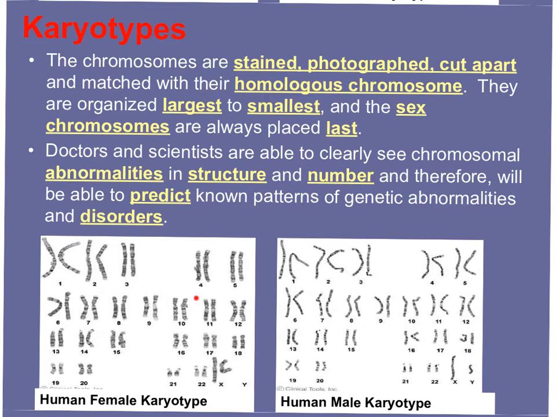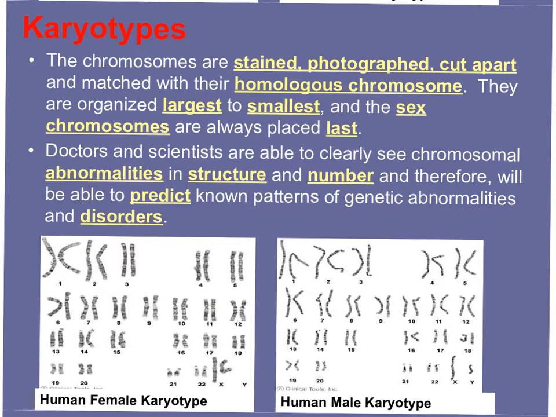So we are going to stain the cells, which thereby stains the chromosomes. We have to take pictures of them because usually during mitosis they're not orderly arranged over here. And then we basically have to cut and paste them into these pairs. So someone has done that for us.